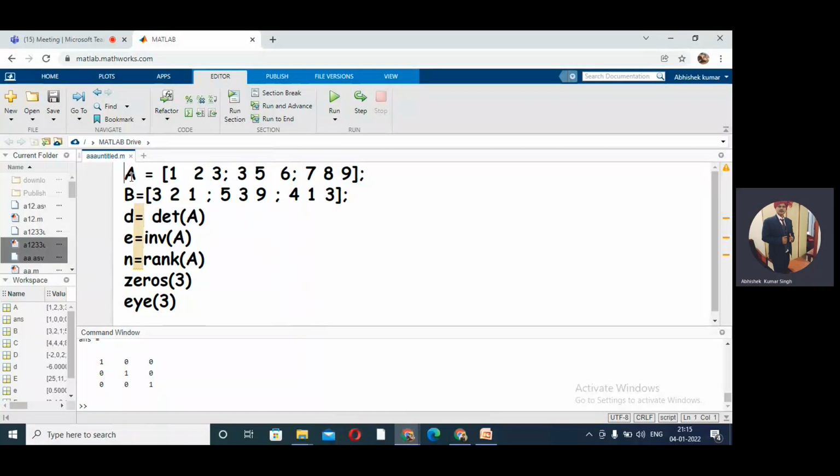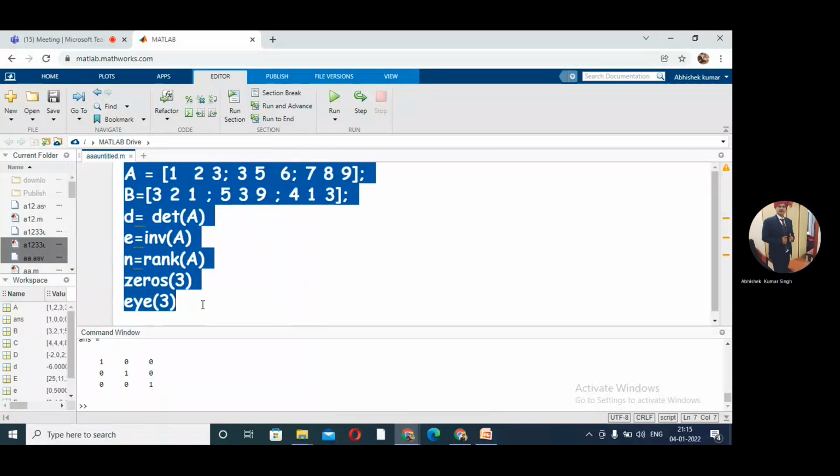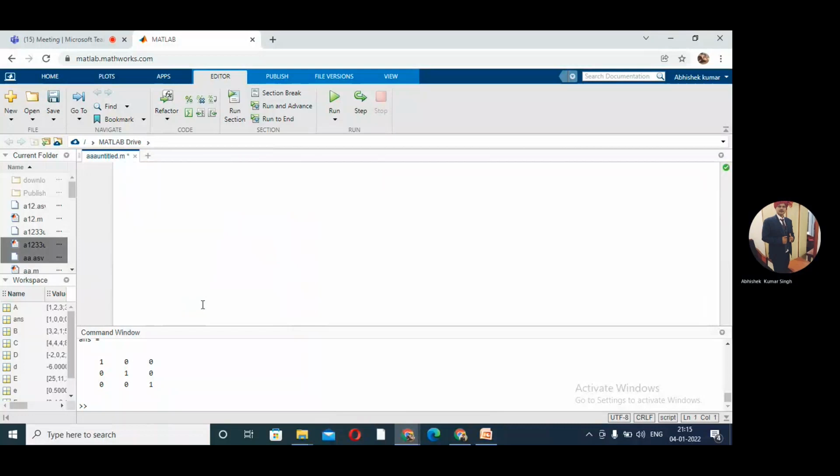Now let us go for the plot command. What will plot do? If we have some 10 points in the XY plane, plot will join those 10 points. Let us see the application.